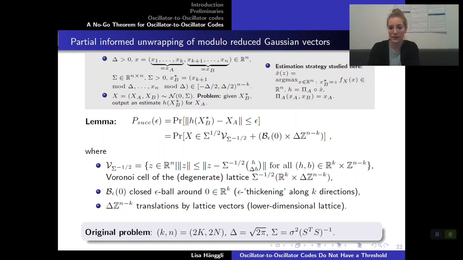And here the S is the symplectic matrix corresponding to the encoding unitary U_S. Okay, so this lemma tells us that in order to compute the success probability, we have to compute an integral over a Gaussian density function over a union of displaced epsilon thickened degenerate Voronoi cells.